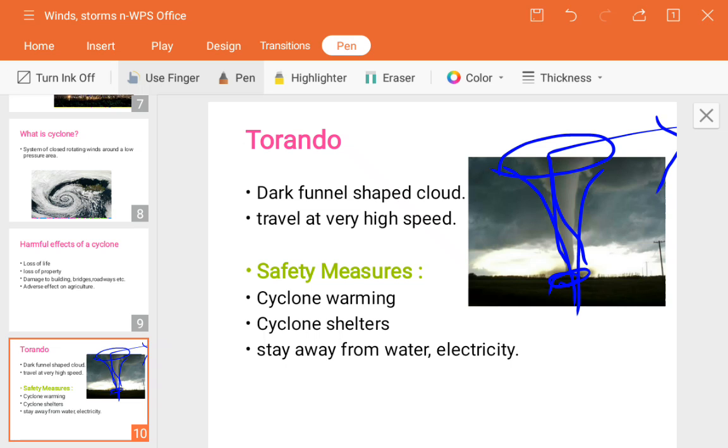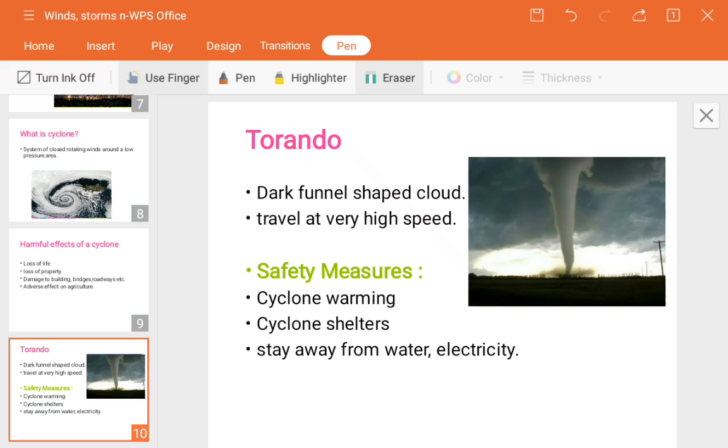It has a speed of up to 300 kilometers per hour. Its maximum wind speed is near about 300 kilometers per hour. This is the situation that happens in one part of the cyclone, called a tornado. It travels at a very high speed.